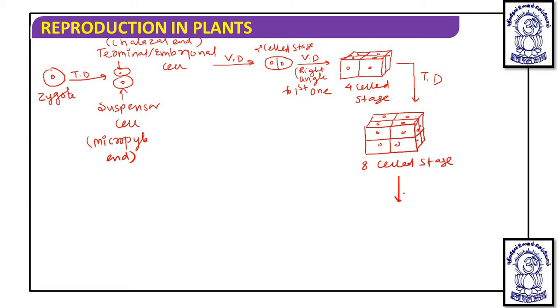And after the 8-cell stage, periclinal division will occur. Now this periclinal division is parallel to the periphery. So see what will happen, like this. The diagram will occur.